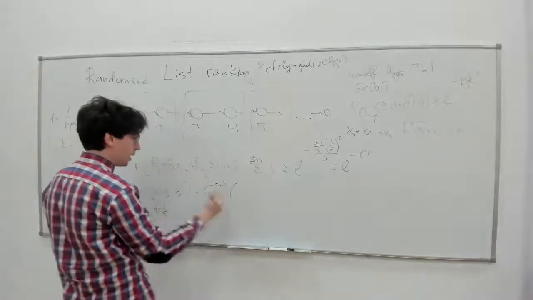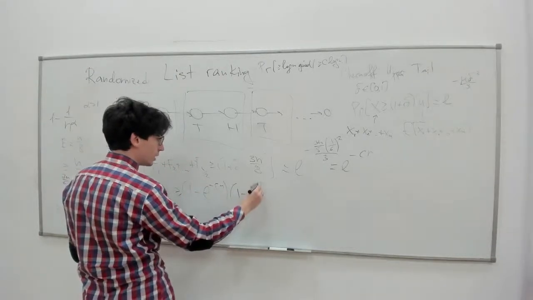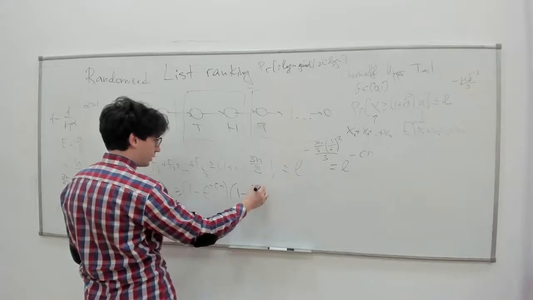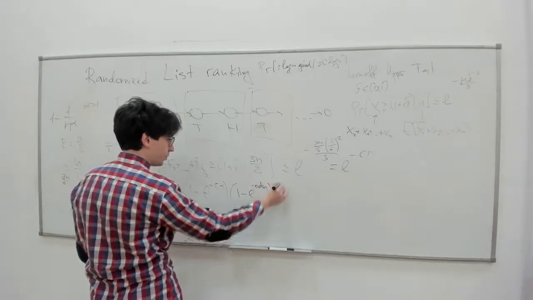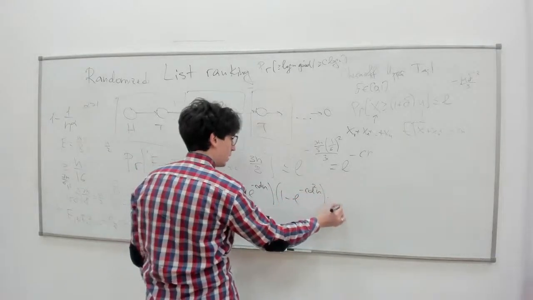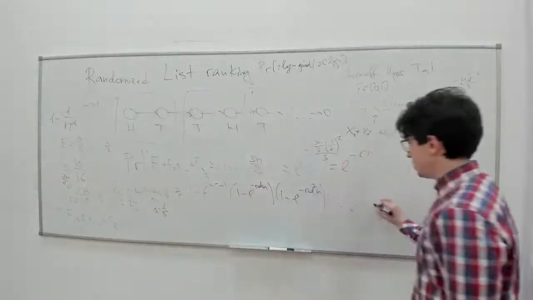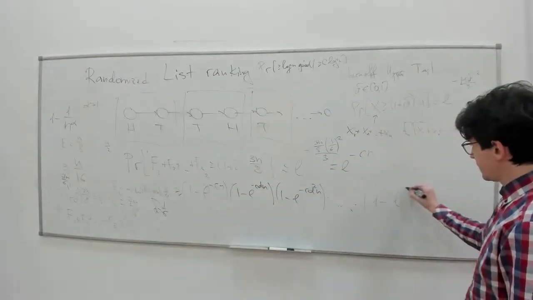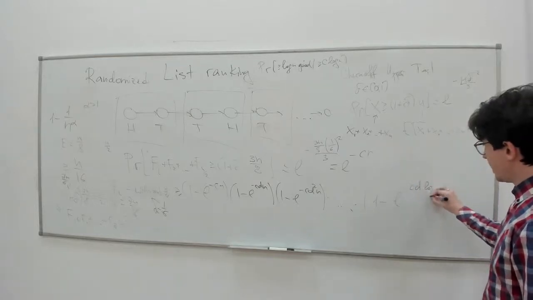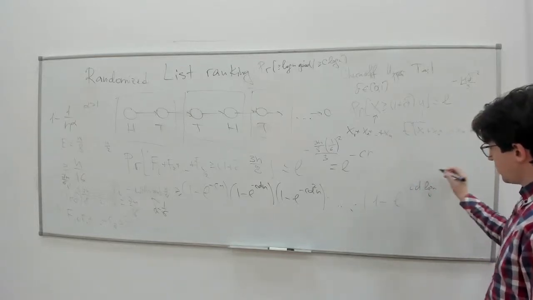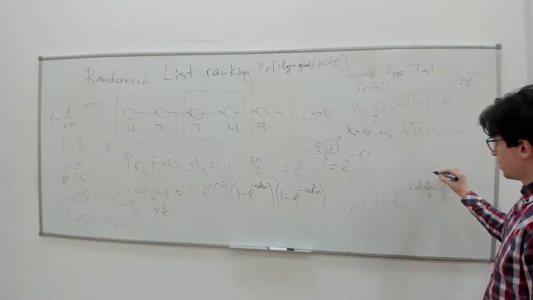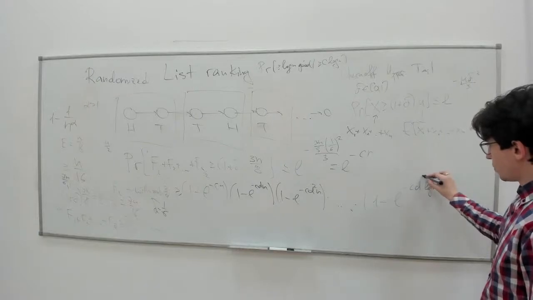Then it shrinks by another constant d, n, and 1 minus e to the minus c d squared n, and so on until we get to minus c d log n, at worst in logarithm n.